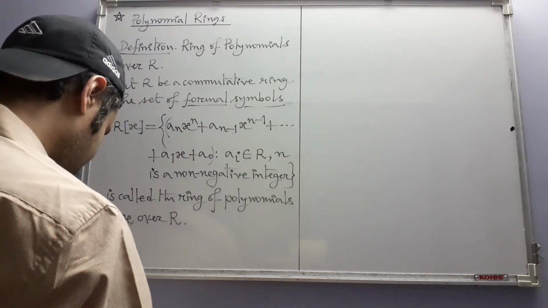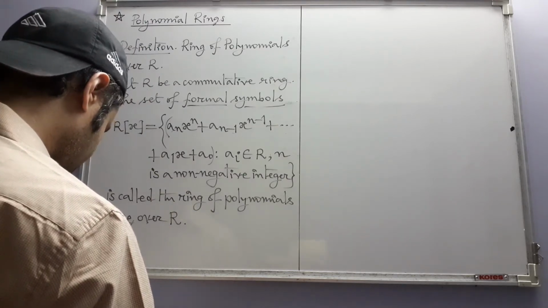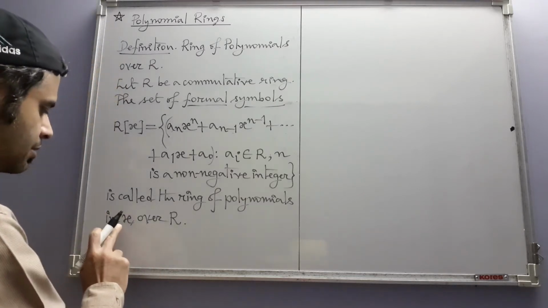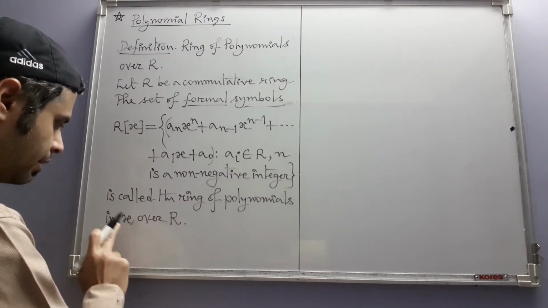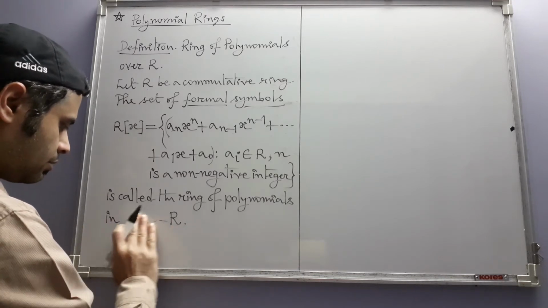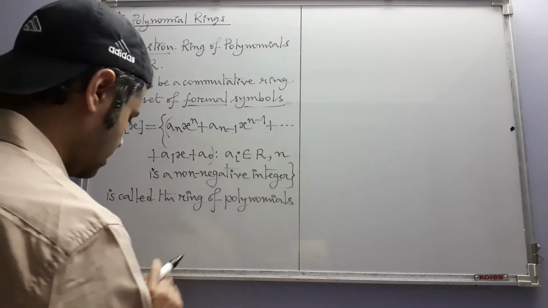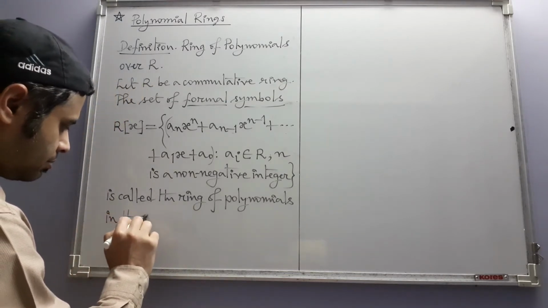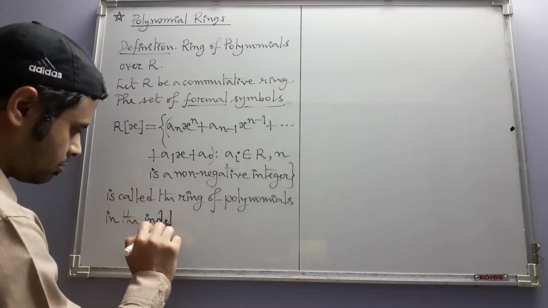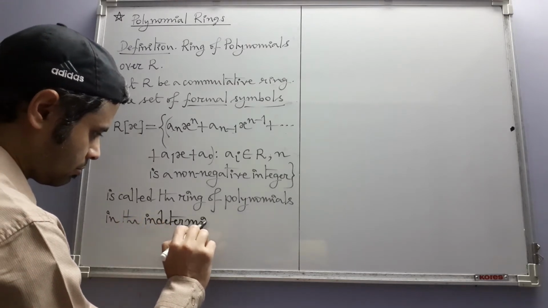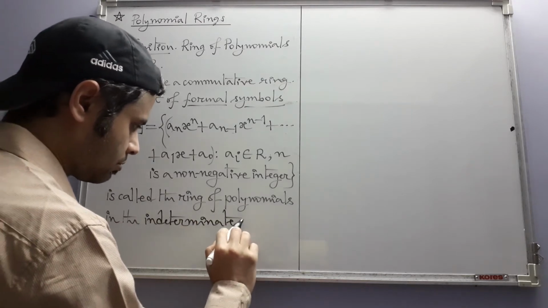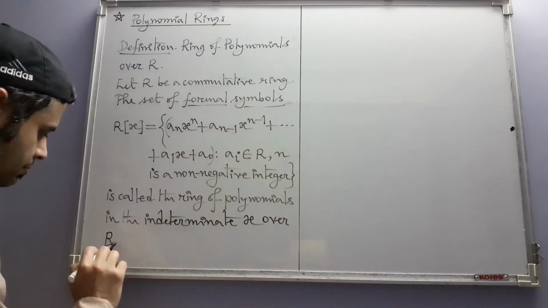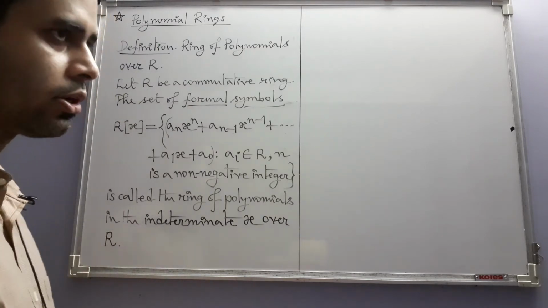Instead of just simply writing in X over R, the author has written, in fact that's how it should be written, in the indeterminate X over R. X is an indeterminate, not an unknown.